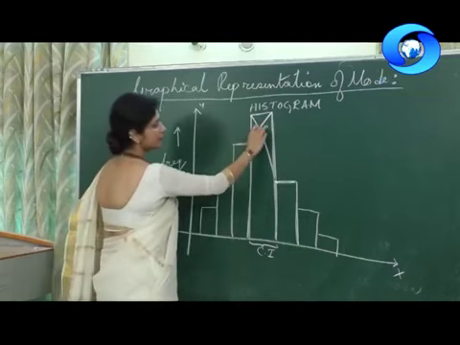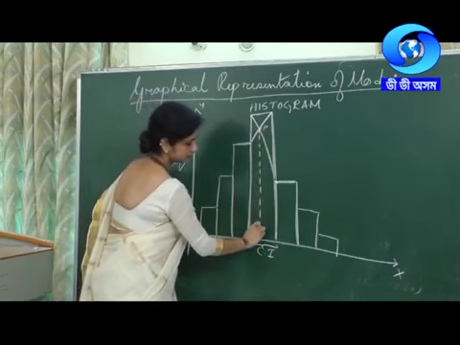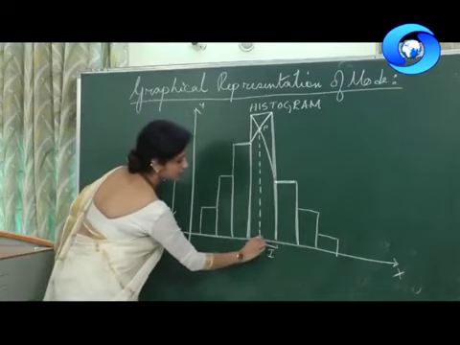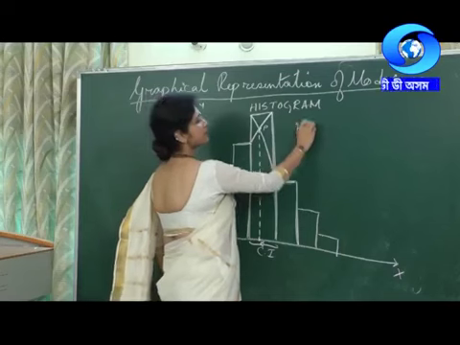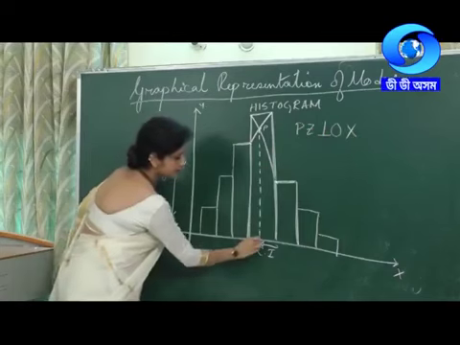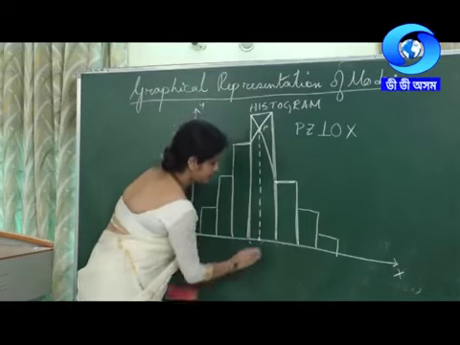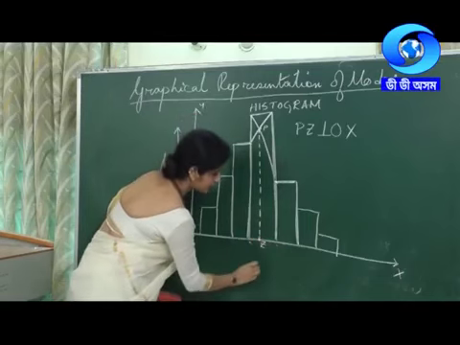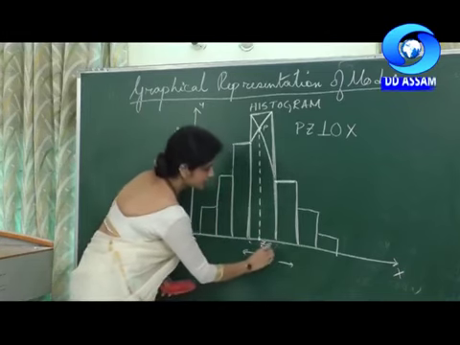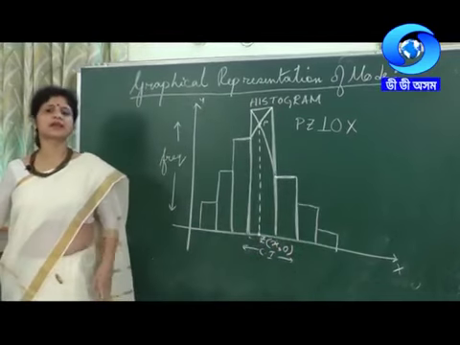Alright, from point P we will drop a perpendicular to the x-axis. Supposing this is point Z. Alright, PZ perpendicular to OX is drawn. This Z lies on the X axis, and since it lies on the X axis, the Y coordinate will be 0 and it will have an X coordinate.